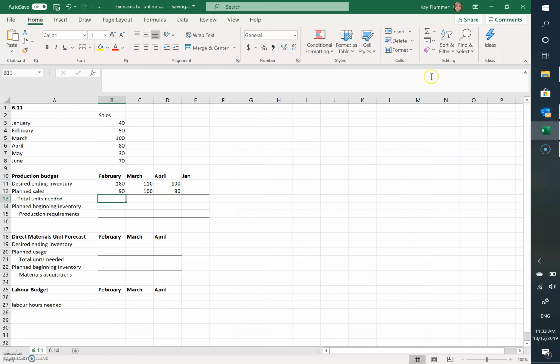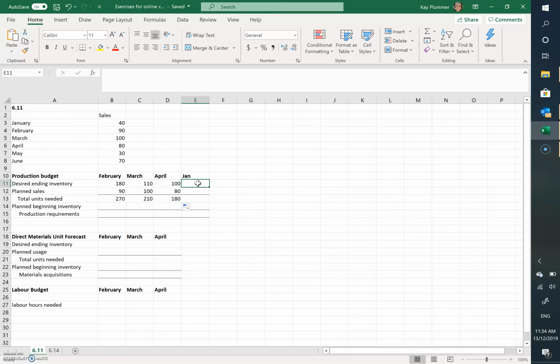So we can now add these up to work out our total units that we need. And now it says our planned beginning inventory. Okay, well, the beginning inventory in February is going to be our ending inventory in January. So let's see what that's going to be. So let's work out January.